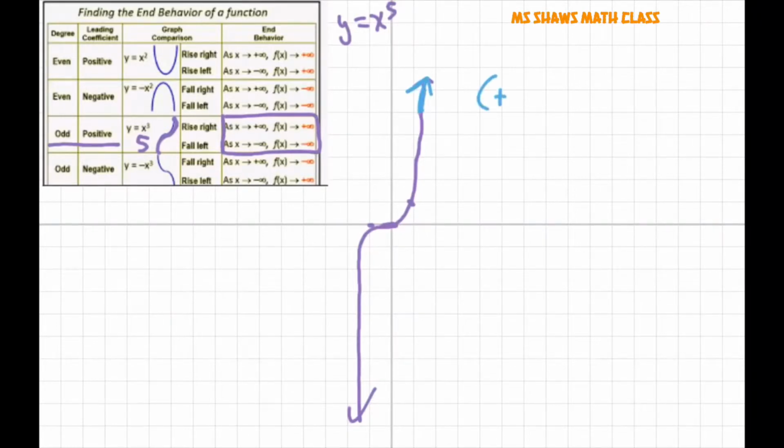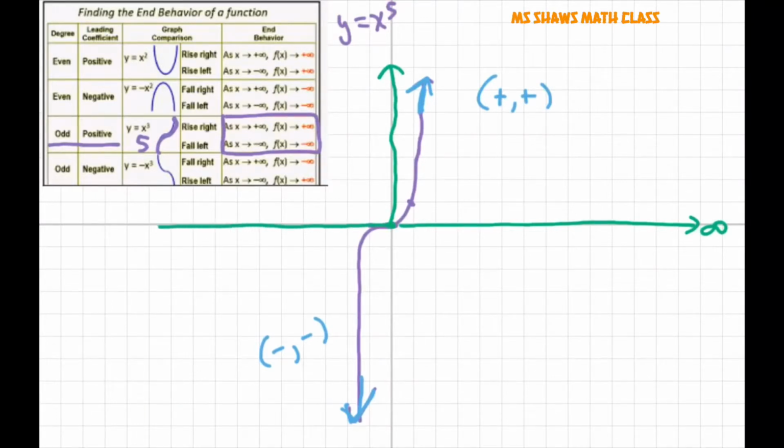This is quadrant 1, and the starting point, as you graph from left to right, is in quadrant 3. And that just means as x gets larger and larger to infinity, so does our f of x, or our y. And as x gets smaller and smaller, so does our y.